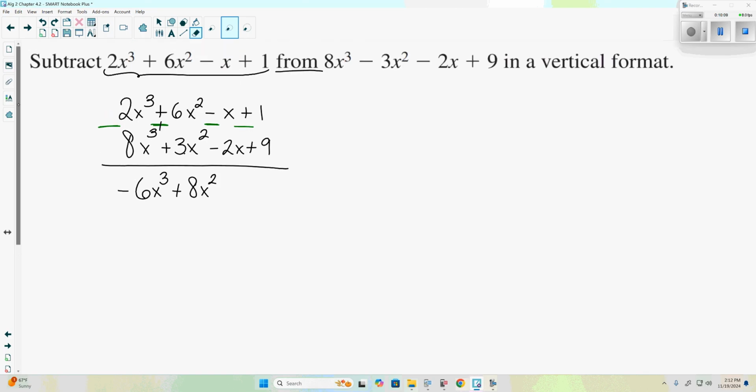There we go. Yep, got the rest of it right. Which would give us 9x squared. Negative x minus negative 2x. Negative negative again would give us plus. So negative x plus 2x is plus x. 1 minus 9, negative 8.